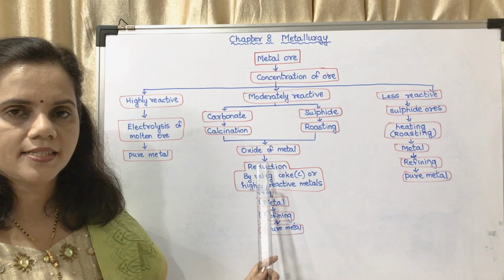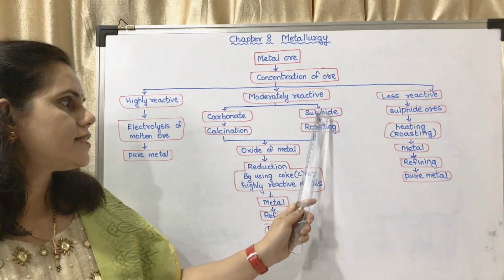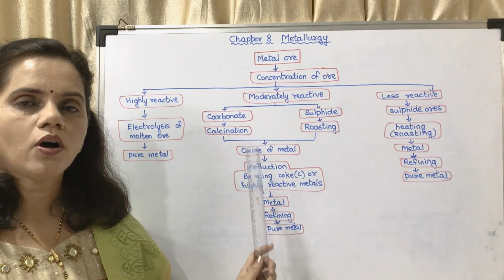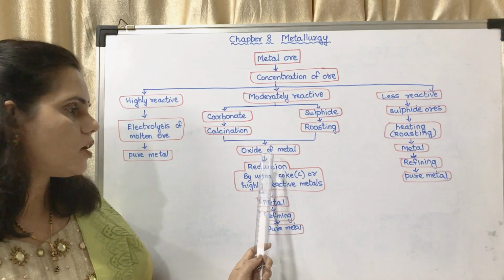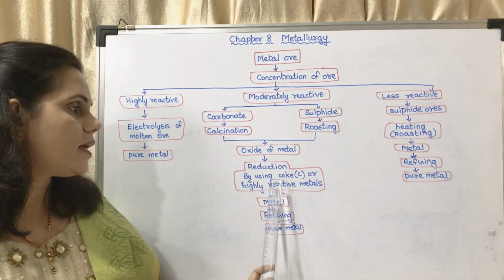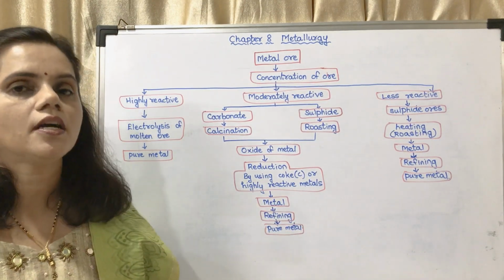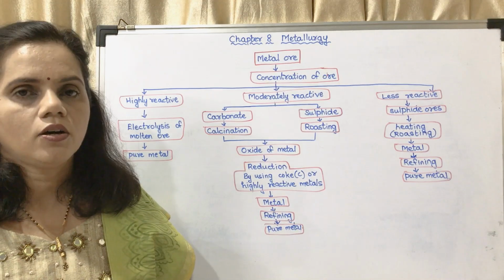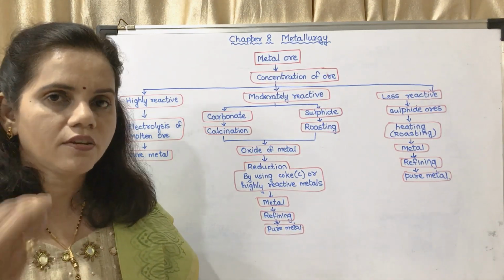While these processes are done, the carbonate will get converted into oxide, and sulfide also will get converted into oxide. That means you will get the oxide of the metal. That oxide of the metal is reduced, that means the oxygen is removed with the help of carbon or by reacting it with highly reactive metals, that is, a metal more reactive than the metal which we want.